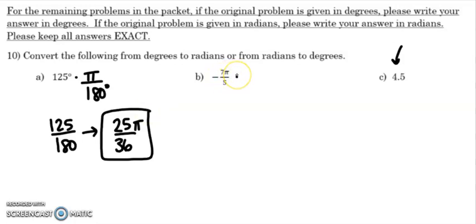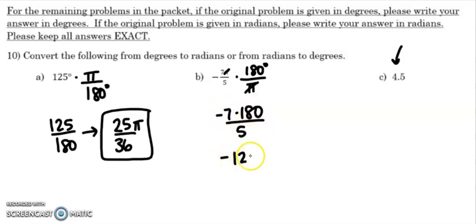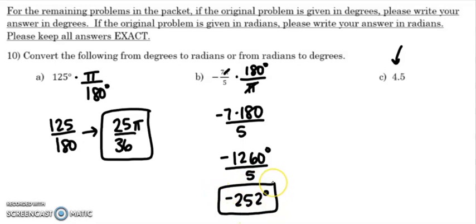For B, converting this one will be from radians to degrees, so I'm going to flip my conversion factor, 180 degrees over pi radians. My pi's are going to cancel out. I'm going to end up with negative 7 times 180 over 5, which is negative 1260 over 5, which is really negative 252 degrees.